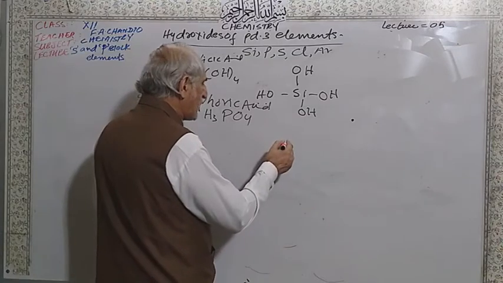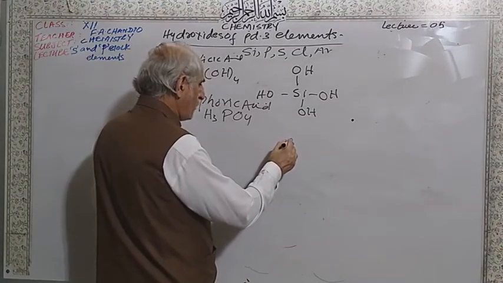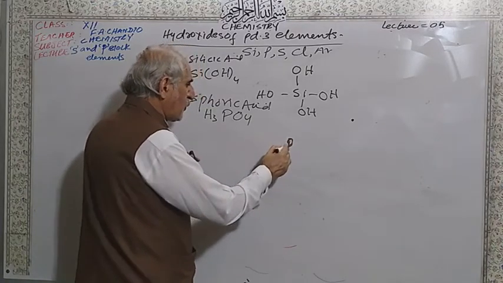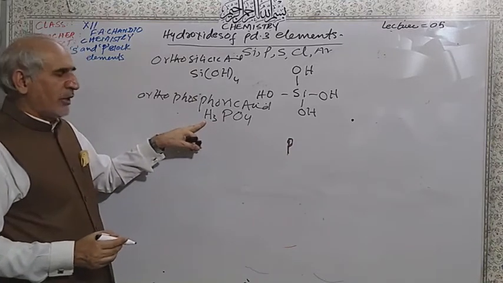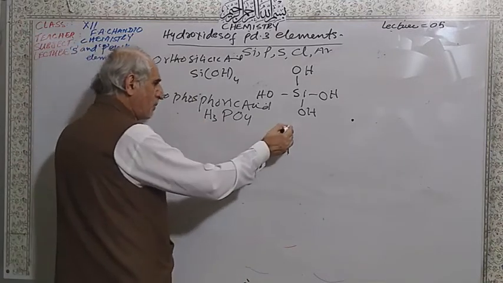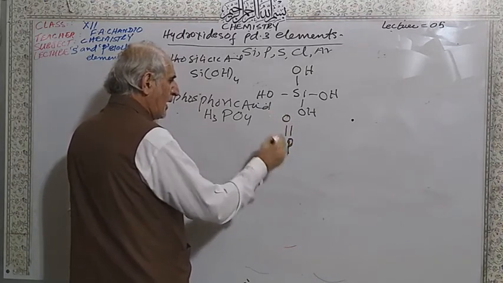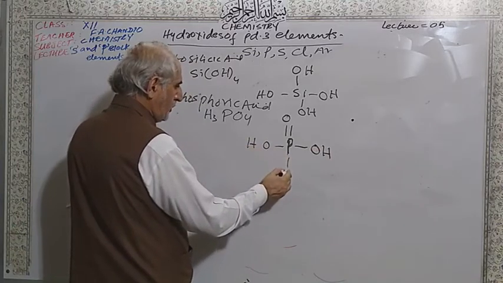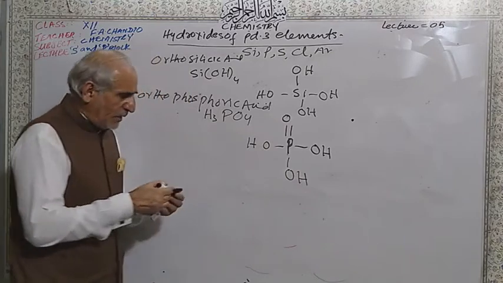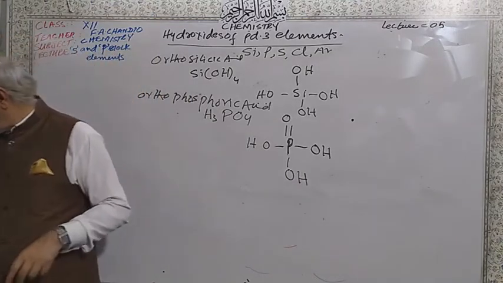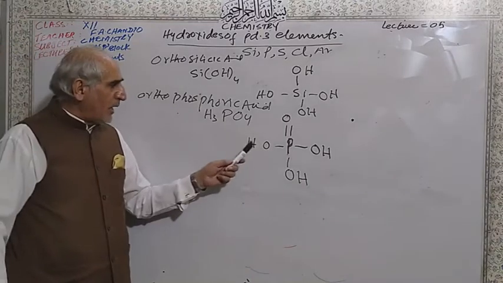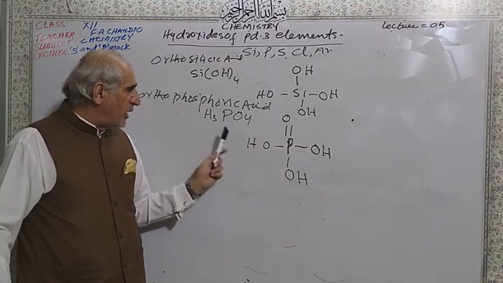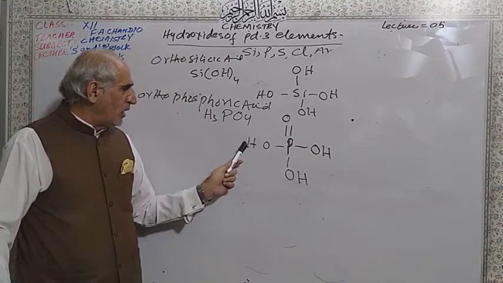Then there is phosphoric acid, orthophosphoric acid, H3PO4. In orthophosphoric acid there are 3 hydrogen atoms, not 4.